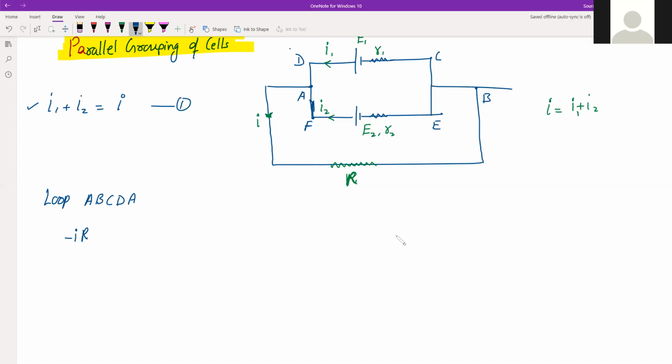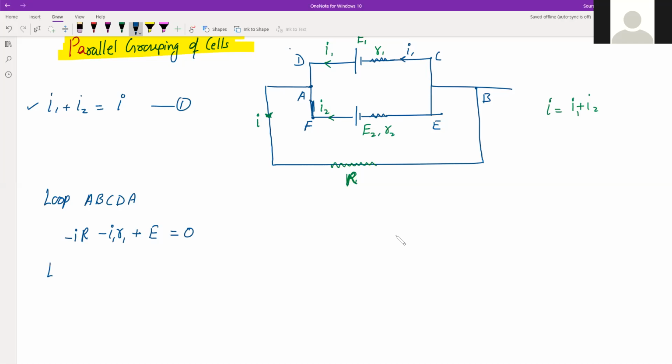Then minus I1R1. Now the cell comes, and that will be plus E1, and that will be equal to 0, right? Here the current is I1. So we got one relation.